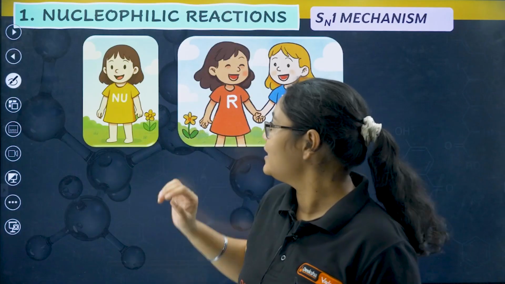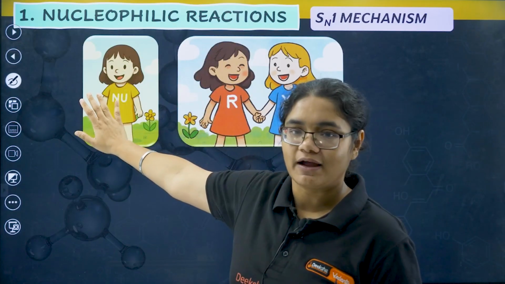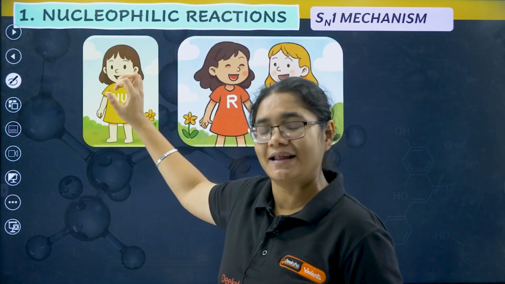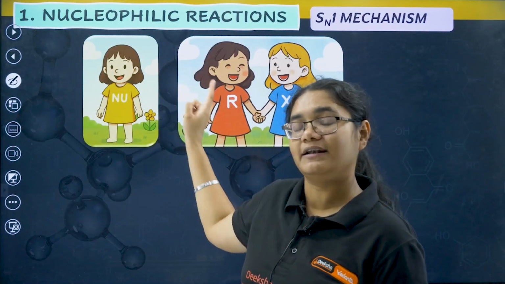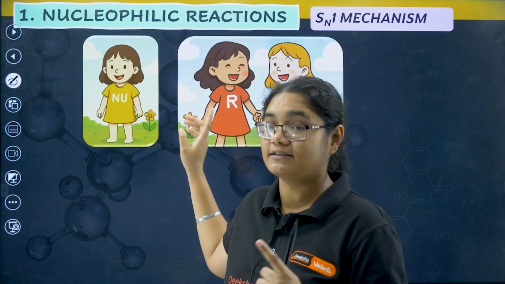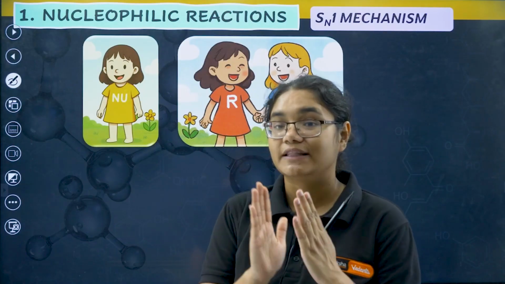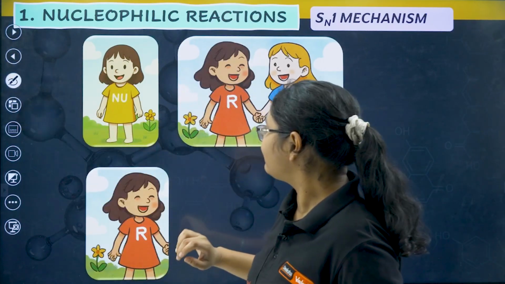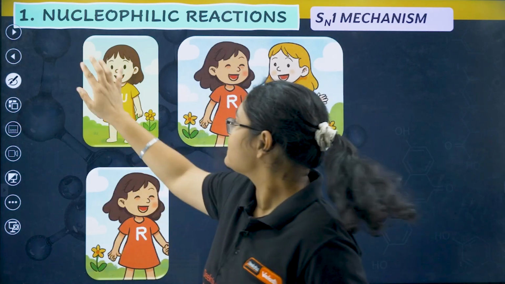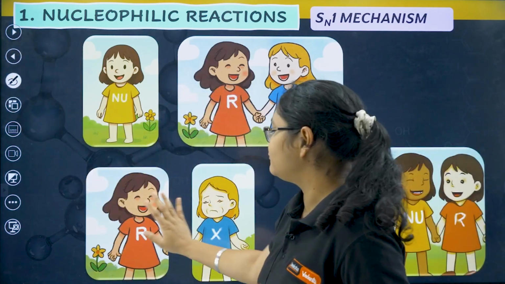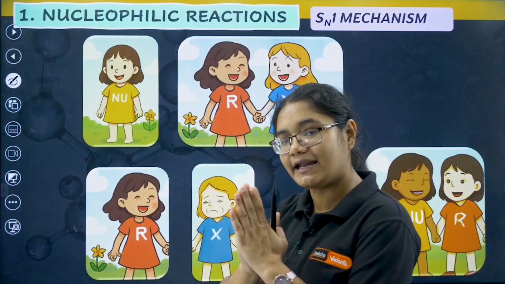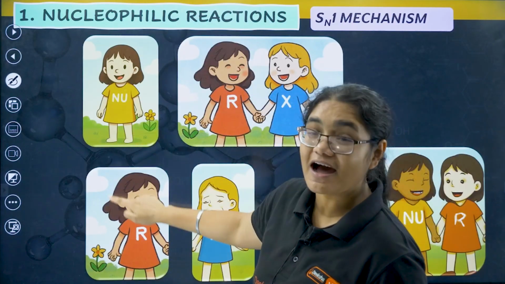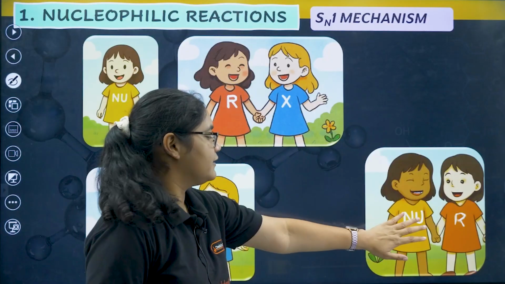But here, when R saw the nucleophile, it was immediately tempted, because whatever chocolates, pens, pencils this nucleophile brings, it will give to R if R is his or her best friend. So R immediately broke friendship with X. There was no more friendship between R and X, and after that R and Nu became friends.